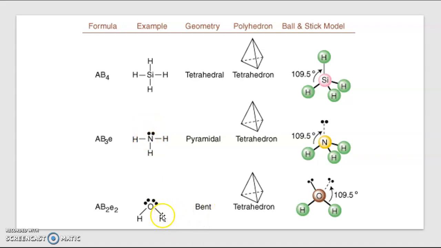And in the case of this molecule it is bent because we have two groups of lone pair electrons. Then even though we have four groups of electrons around the central atom, two pairs are lone pairs.